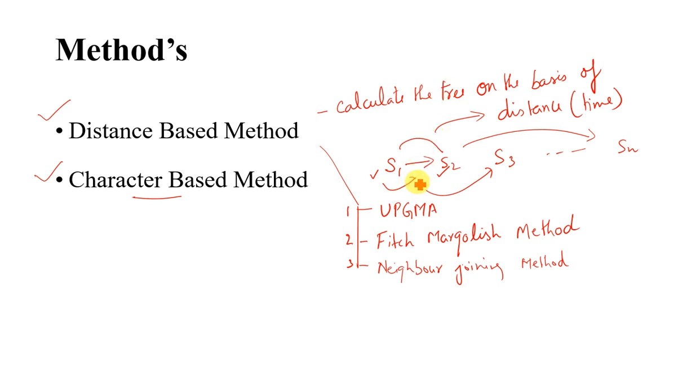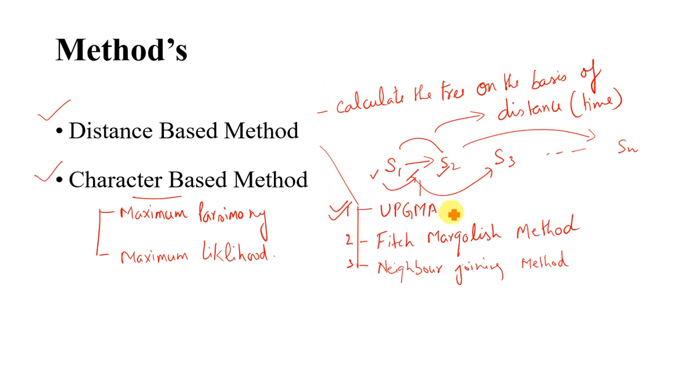Did that character evolve further or was it degraded? That analysis we can perform in the character based method, and there are two methods available: maximum parsimony and maximum likelihood. In this video I am going to talk about the UPGMA method.